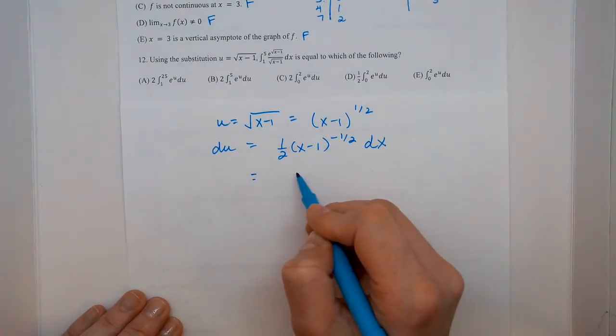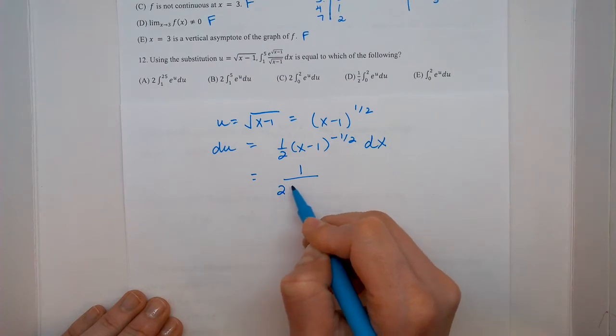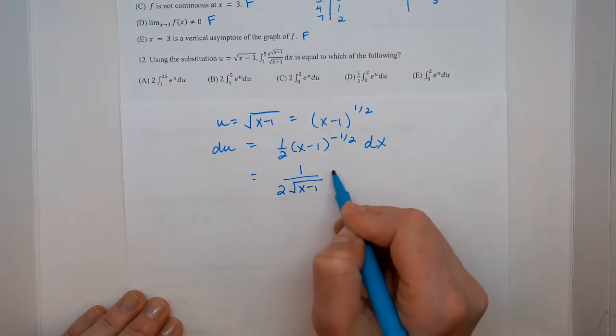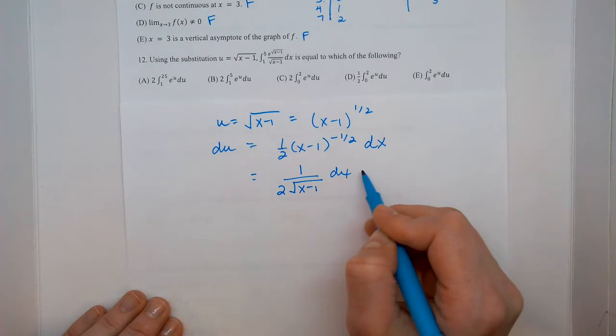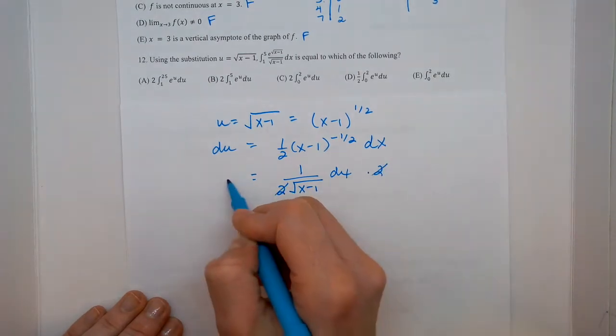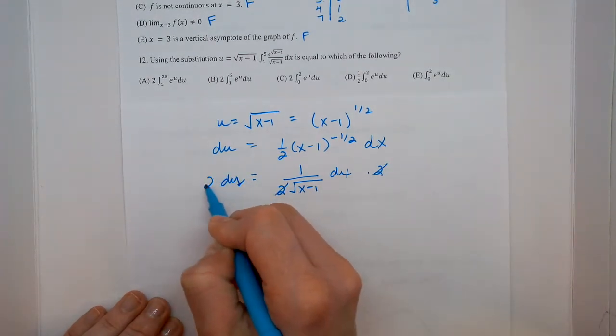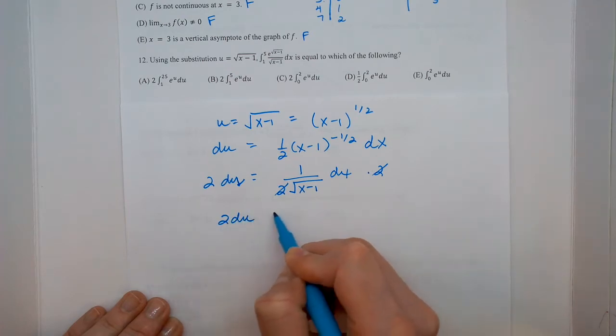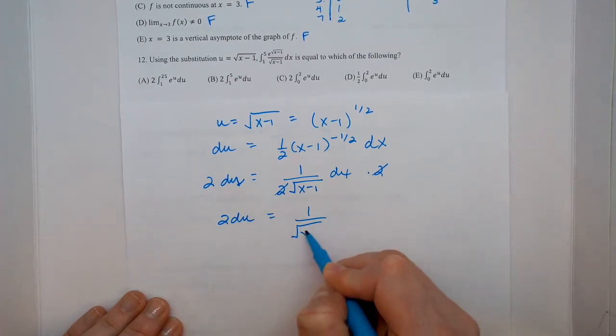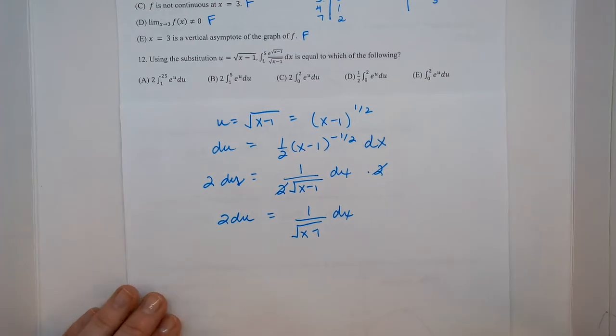And let's rewrite that as 1 divided by 2 square root x minus 1. Okay, I'm going to move the 2 by multiplying by it. Okay, so I have 2 du is equal to 1 over the square root of x minus 1 dx.